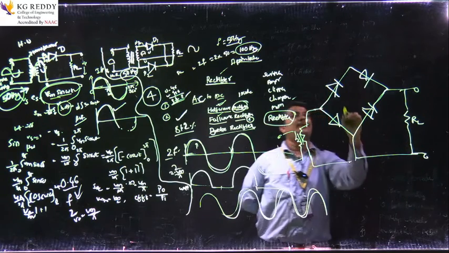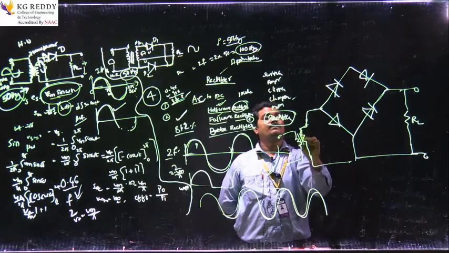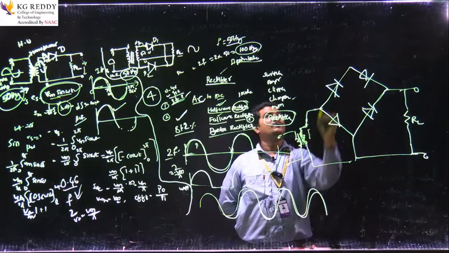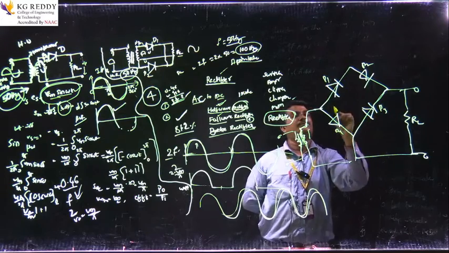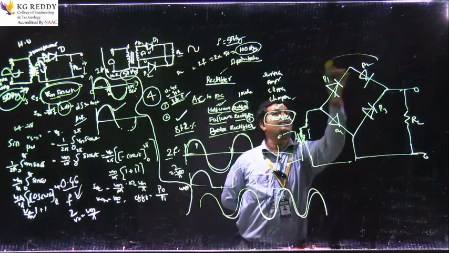This is called a bridge rectifier, with diodes D1, D2, D3, D4. This is called the bridge connection.